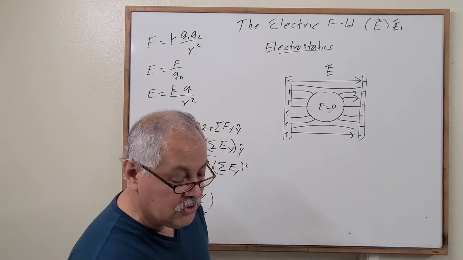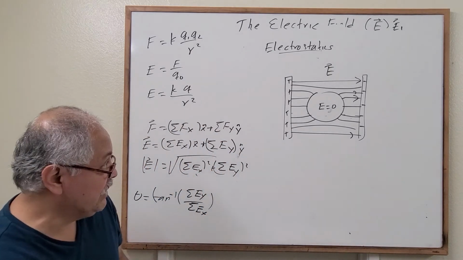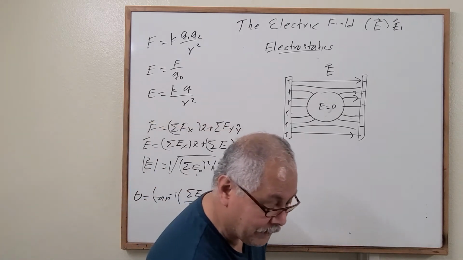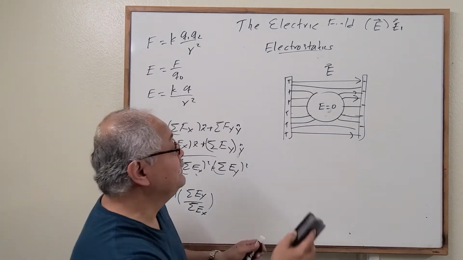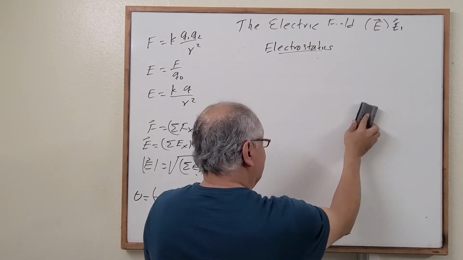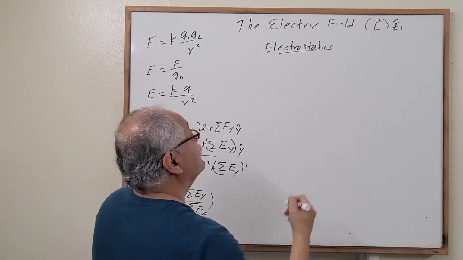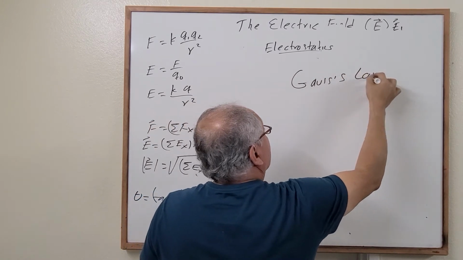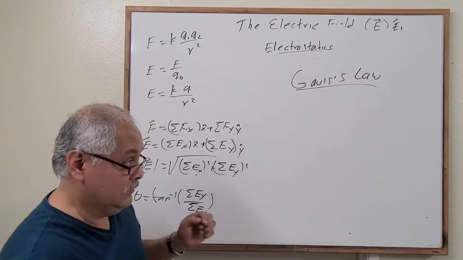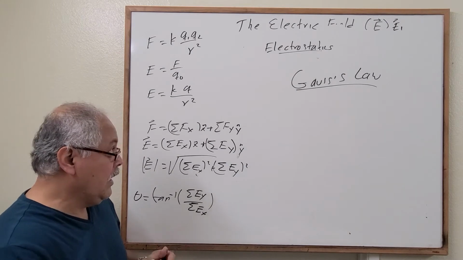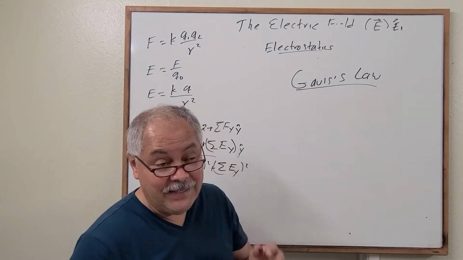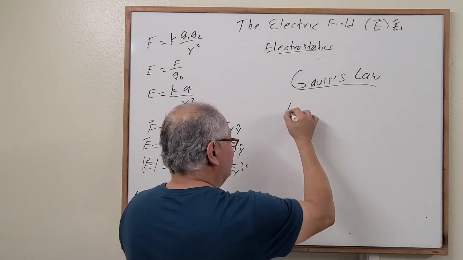Great. Now let's go to the last topic for this chapter. The last topic is going to be Gauss's law. In this analysis we introduce the concept of electric flux.